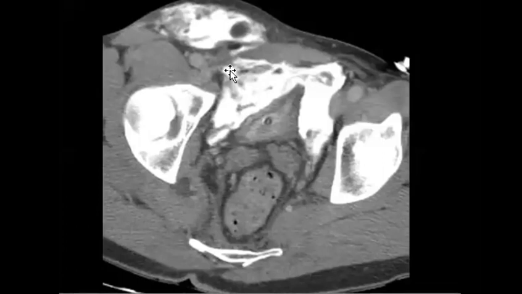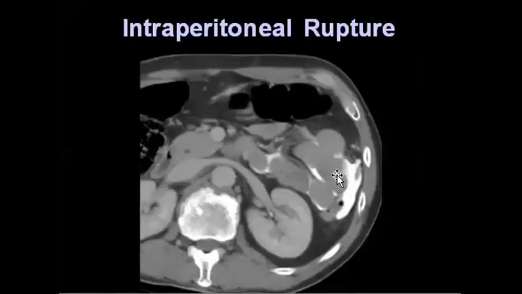And if it is surrounding the bowel loops, it is intraperitoneal. Perfect. So if it is surrounding the bowel loops as here, it is intraperitoneal, paracolic gutter. Yes, perfect.